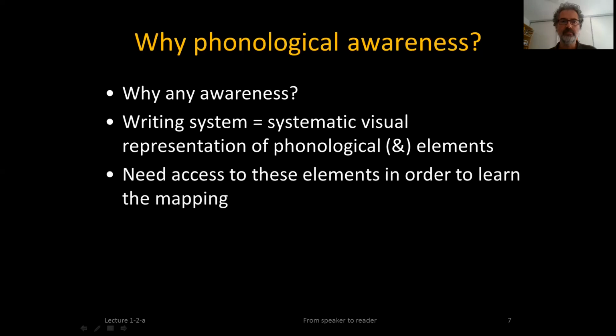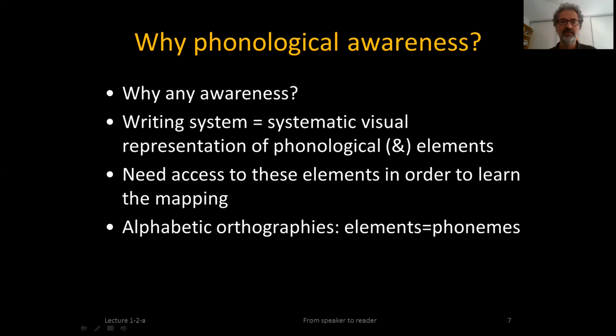So in order to learn this representation, this visual mapping, you need to be able to access these elements. How can you learn what a visual symbol refers to if that thing it refers to is not in your awareness? In alphabetic orthographies, the elements are typically phonemes. That's what alphabet means, that letters or letter combinations map onto phonemes.